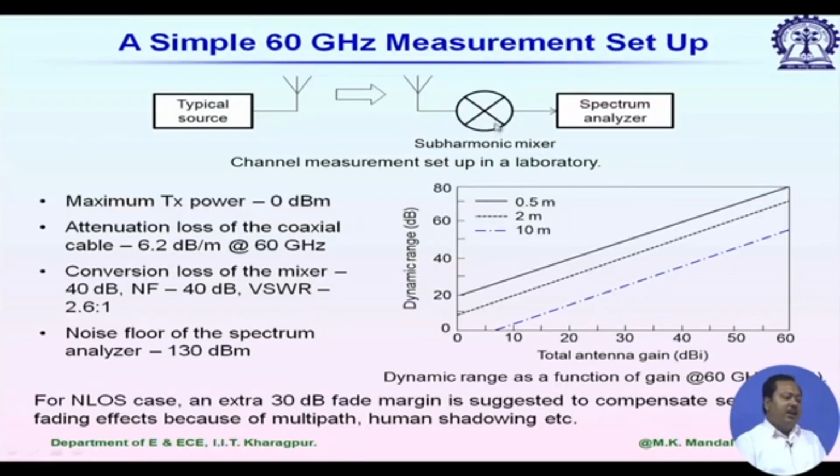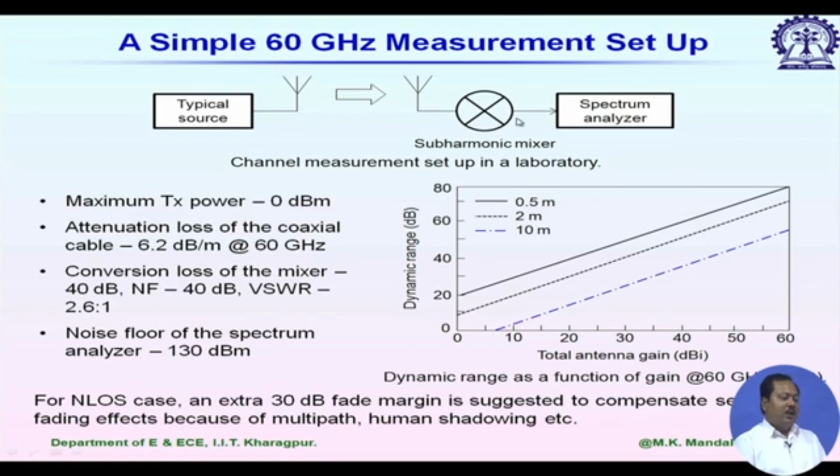In this example also we are using a subharmonic mixer for down conversion, and the mixer comes with some conversion loss. If you feed some millimeter wave power to the mixer, when it down converts to microwave or RF frequency, the power available for that RF signal will be much less compared to the millimeter wave power.